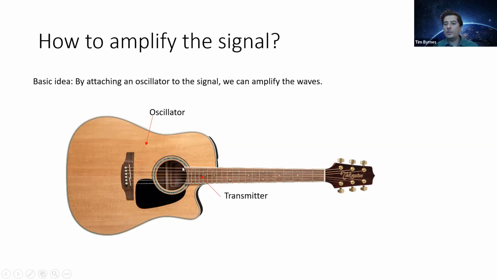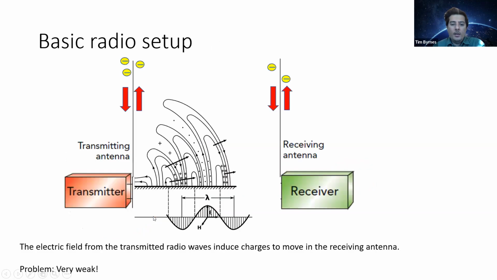So you're playing some notes here, and all the air inside the guitar oscillates at that frequency, and that amplifies the waves a lot. So using the same kind of trick, we can improve the performance of this radio a lot.